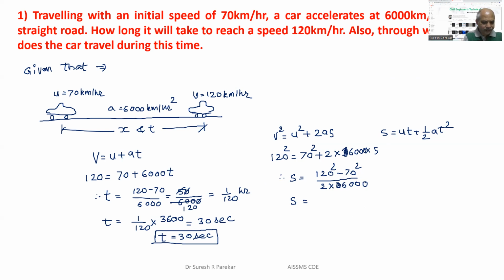We will get this value as 0.792, and this value we have in kilometers. And if you solve this, you will get 792 meter. So X we will have 792 meter, and T we will have 30 seconds.